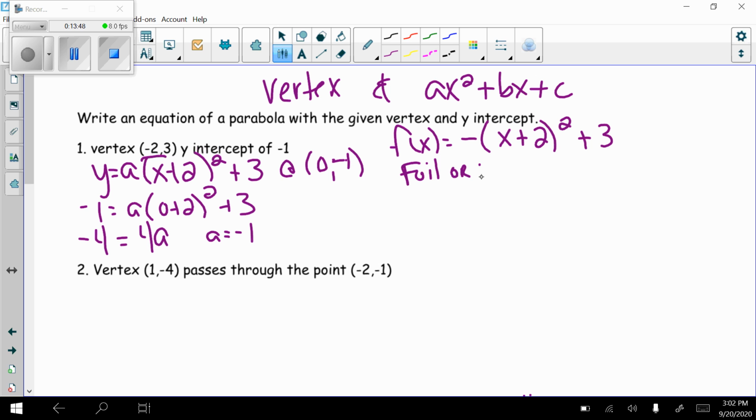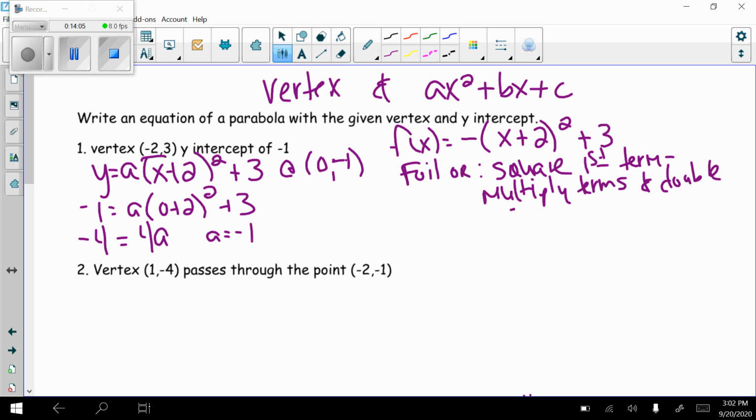For my shortcut, you square the first term, then you multiply the two terms together and double, and finally square the second term. Okay, so let's see how that's going to work.